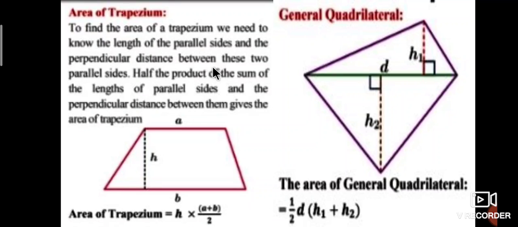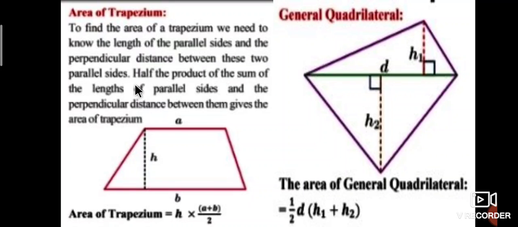The product of the sum of the lengths of the parallel sides and the perpendicular distance between them gives the area of the trapezium.